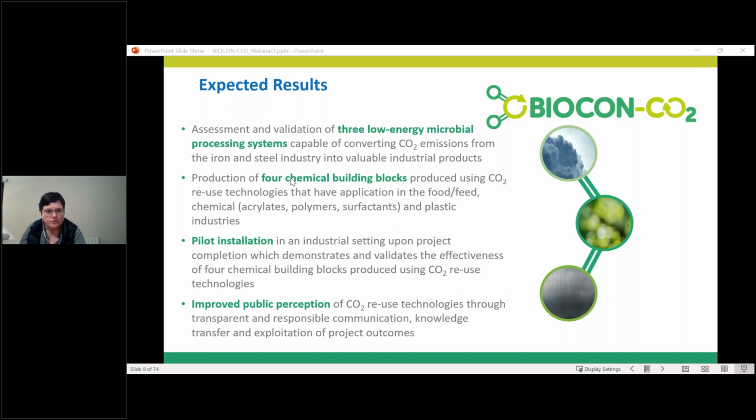Also, we are aiming to produce 4 chemical building blocks using these strategies for applications in different industrial markets, as I mentioned before. We are also constructing a pilot plant that will be installed in an industrial setting, just to demonstrate and validate the effectiveness of at least the most promising microbial cell factories using this CO2 directly, real CO2 effluents.